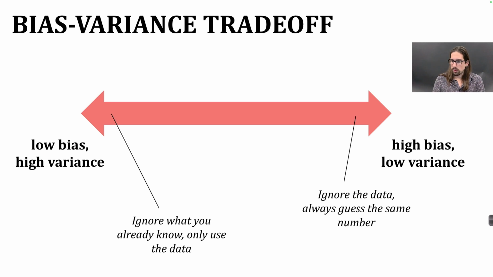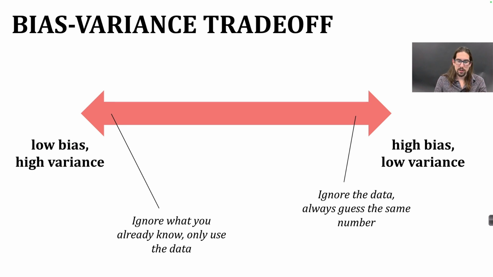And that's just, okay, ignore the data, always guess the same number. That estimator has the lowest variance possible, 0, right? But it's also probably biased. And by probably, I mean, you don't know what the true effect is. If you're just guessing a particular number, it's probably not right. So there's going to be some bias there. So that's probably a high bias and low variance situation.